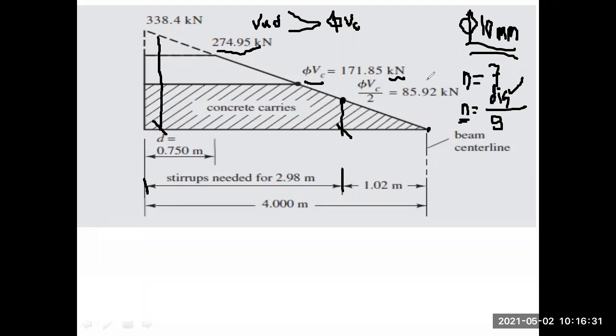If it is 5.1, for example, or 7.1, that means the shear reinforcement is a little bit here.